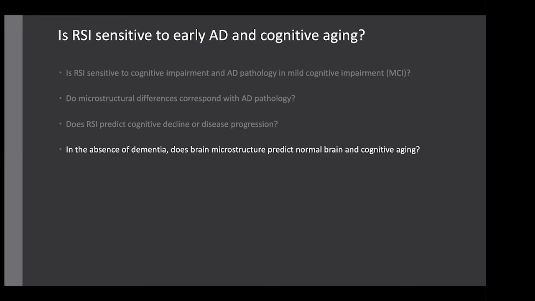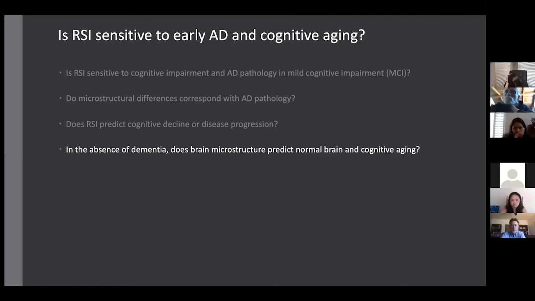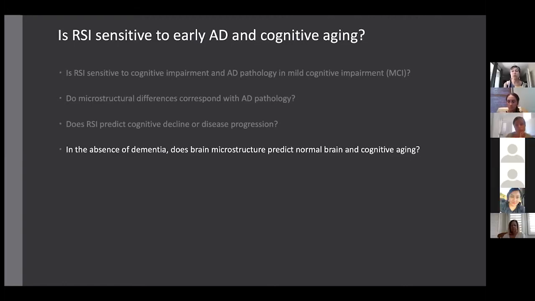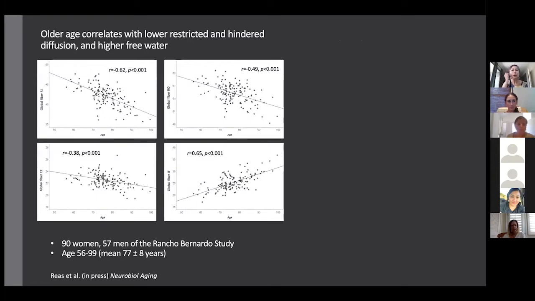So in some of our more recent studies, we wanted to understand the role of both age and sex in microstructural changes that may predispose somebody to more rapid cognitive decline in even normal aging, perhaps in the preclinical stages of Alzheimer's disease.